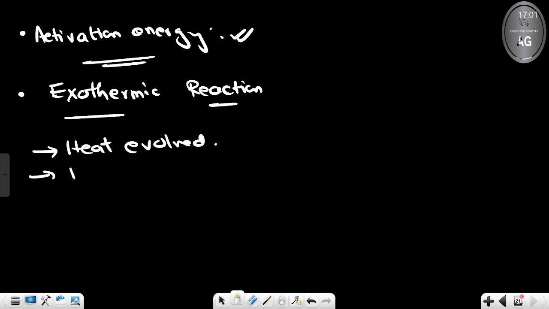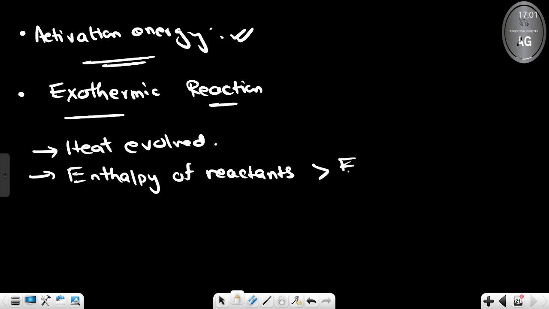Because of enthalpy, class 11 thermodynamics. Okay, enthalpy of reactants will be greater than the enthalpy of products. That is why heat will be evolved.